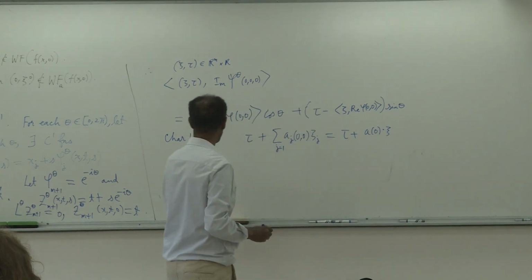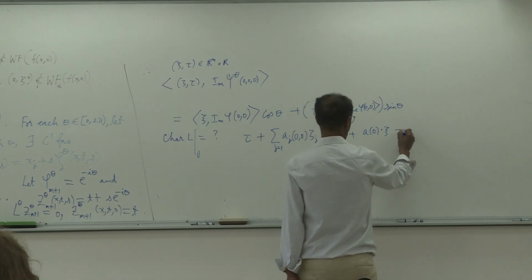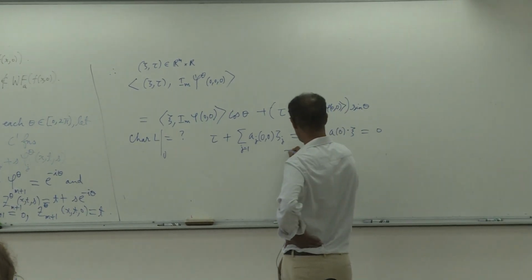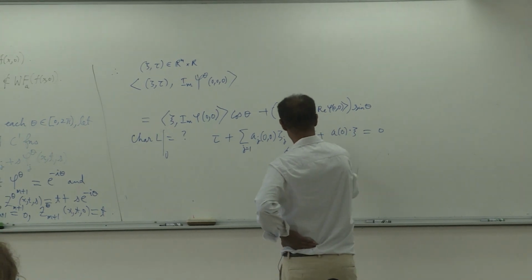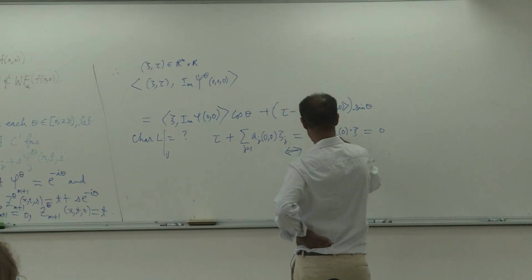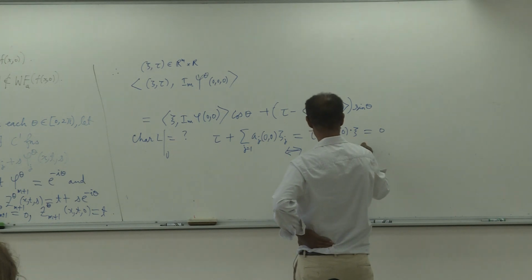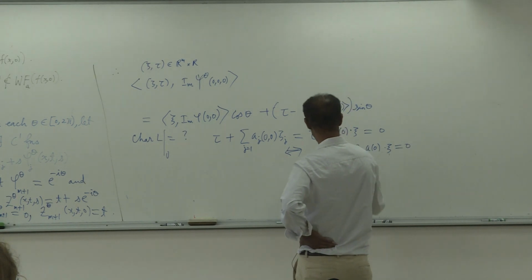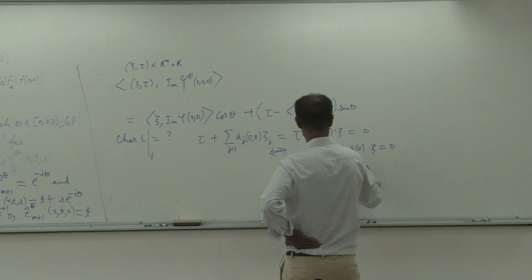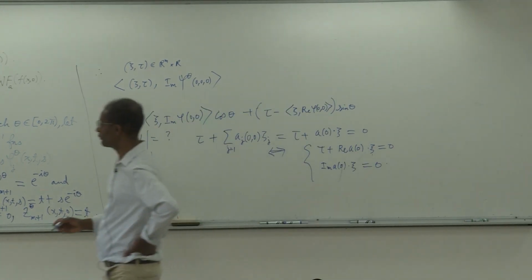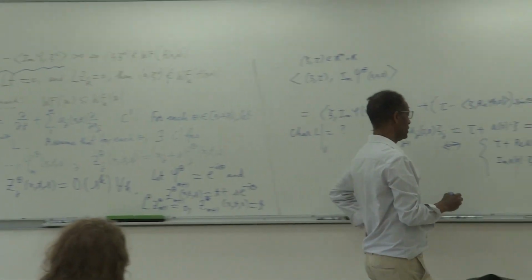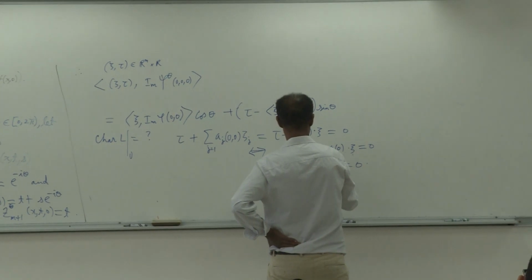All right. So characteristic set means the set where this is 0. Okay. Well, this is complex valued. So this is 0 if and only if the following: the real part has to be 0. The real part is tau plus real part of a of 0 inner product c. So this has to be 0. And the imaginary part has to be 0. Imaginary part of a of 0 dot c has to be 0. The imaginary part of a of 0, remember we said it was minus imaginary part of phi of 0. So this is the same as saying this thing.